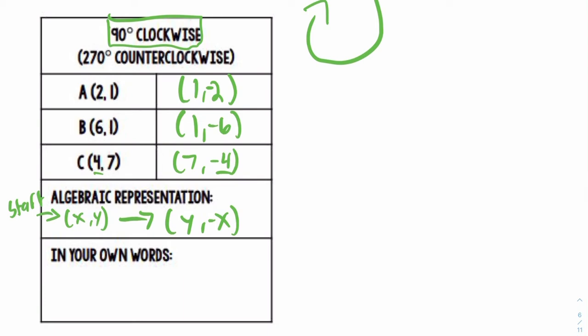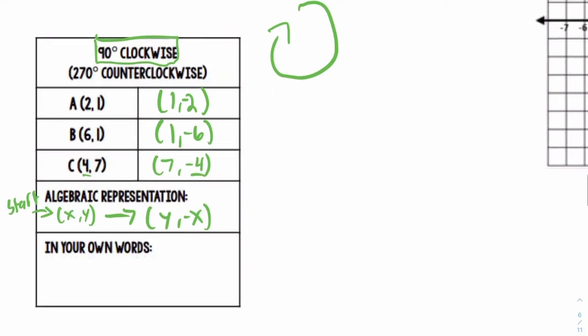In my own words, how I would describe this rotation is, whenever you rotate 90 degrees clockwise, and then in parentheses it says 270 degrees, that's because, like you just saw in the last examples, 90 degrees one way is going to get you to the same place as 270 degrees in the other direction.